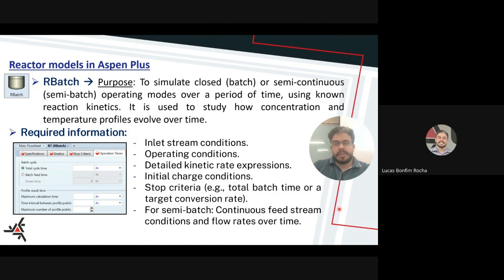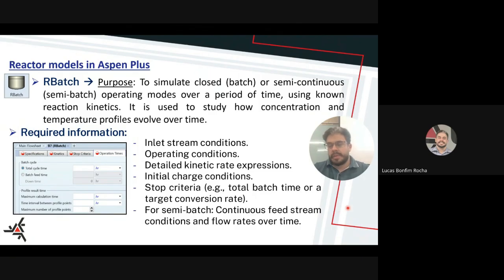So the next model, the RBatch model, we are trying to simulate a batch or a semi-batch process. A batch process is the process where we keep all reactants in the reactor and we wait until the reaction ends to remove the products from the reactor.